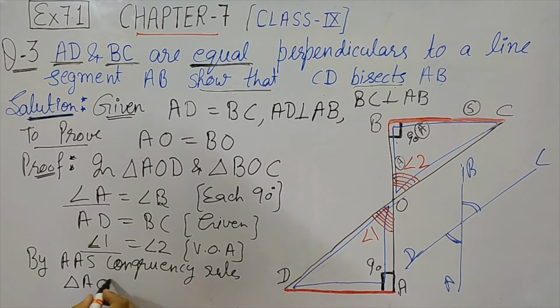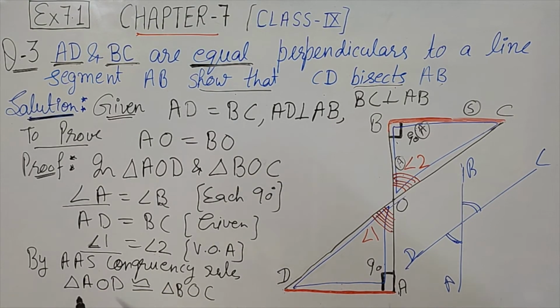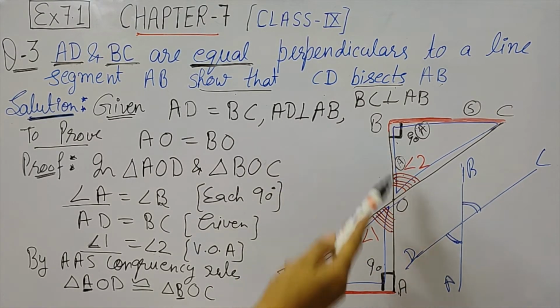Triangle AOD is congruent to triangle BOC. Okay. And notice one more thing. While writing the naming of the triangle, try to write according to corresponding points. First, I have written alphabet A and here I have written alphabet B. It depicts here angle A, angle B. And clearly angle A is equal to angle B, 90-90.